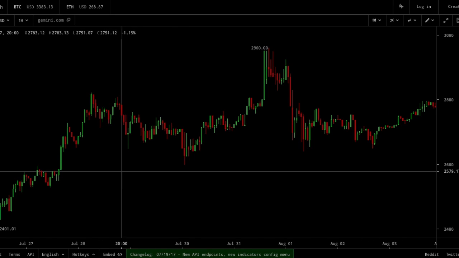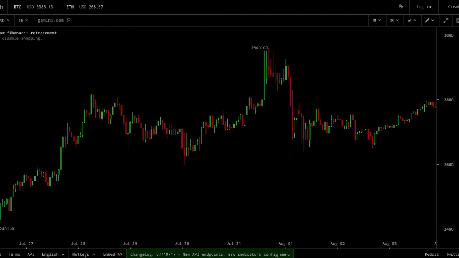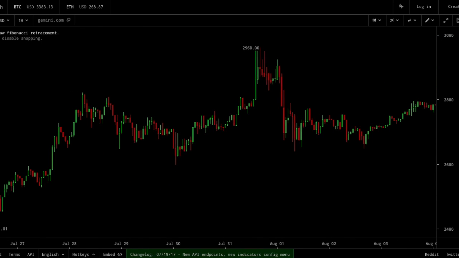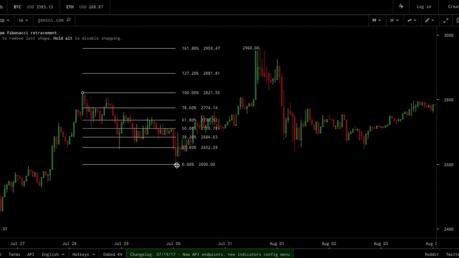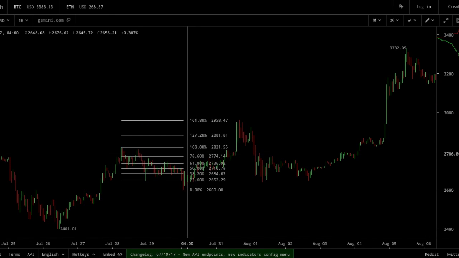What you need to do first after you buy into your retracement of the uptrend is to draw a Fibonacci extension. So basically you're going to take this downward move in any uptrend. So we go up, and then when we go down, we're going to draw a Fibonacci retracement from this high to this low. And then from here, you're going to want to look at those Fibonacci extension points.